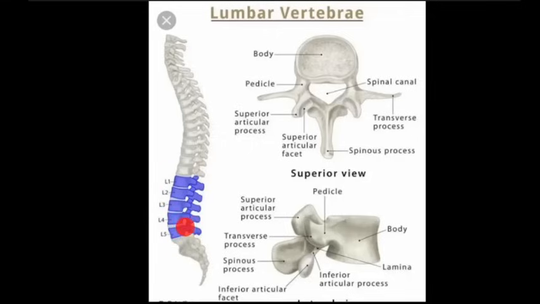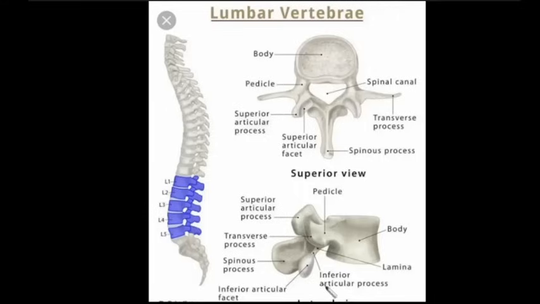These ones here that are depicted in purple form the lumbar vertebrae, and this is how the picture looks. So when you are told to draw the lumbar vertebrae, we know what to draw. This is the body, and then we have the pedicle, and then this is the spinal canal, or the vertebral foramen. That is where the spinal cord passes through, connecting all of the bones together.